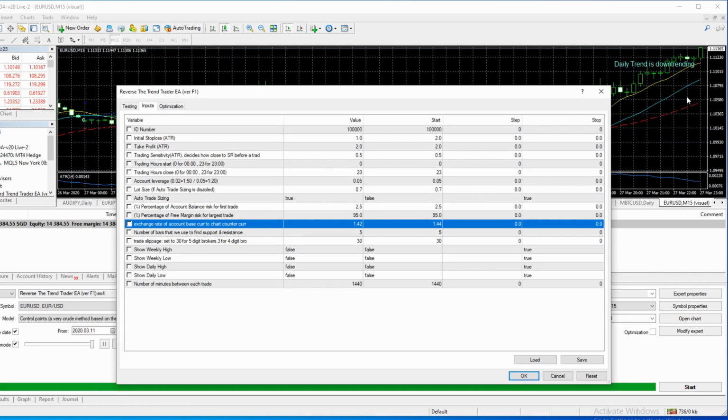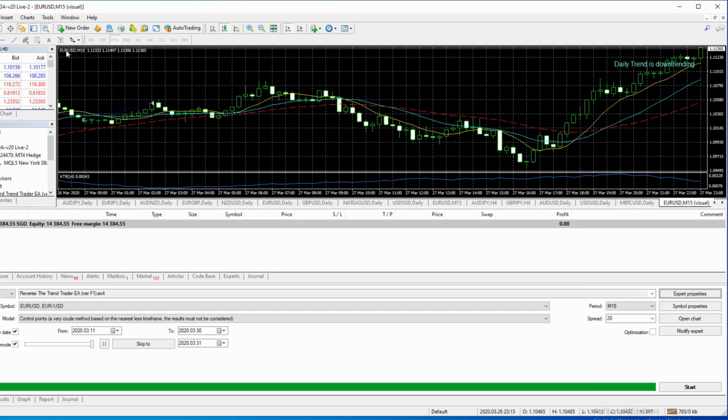That means how many lots it places. Currently my account is in Singapore dollars, SGD, but most of the Forex pairs are based in USD. That means we say that USD is the counter currency. For example, in this pair is Euro dollar against USD. So USD is the counter currency.